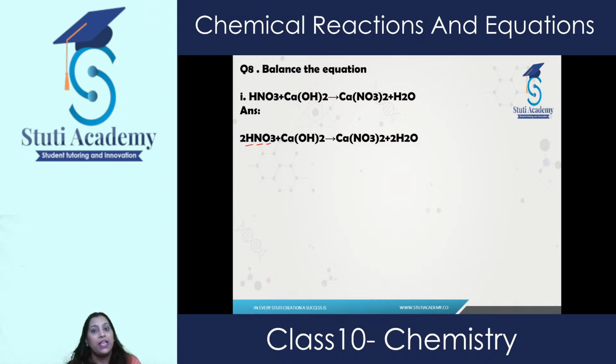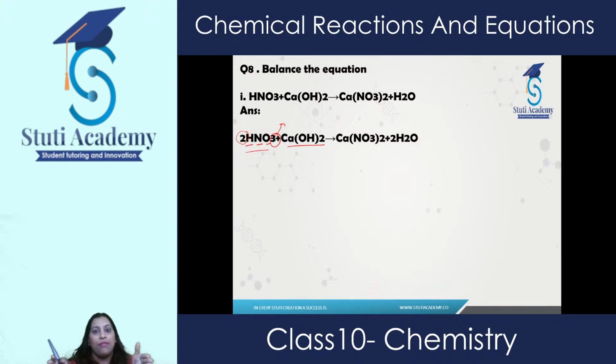Instead of writing their full name, we write them in their symbol form. And subscripts represent the number of atoms, the number of molecules, and the plus sign indicates that these two compounds join together or react together.